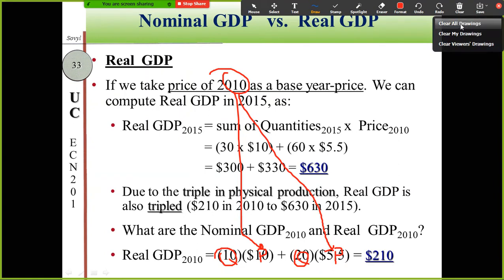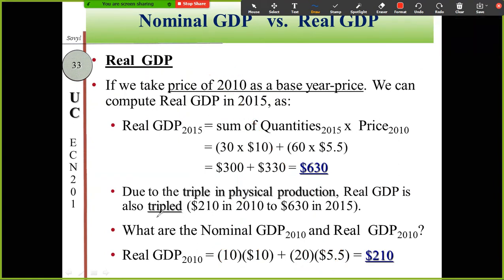So remember, in the base year, the nominal GDP and the real GDP have the same value. Nominal GDP and real GDP have the same market value in the base year, in the base period. Okay? So remember that one.